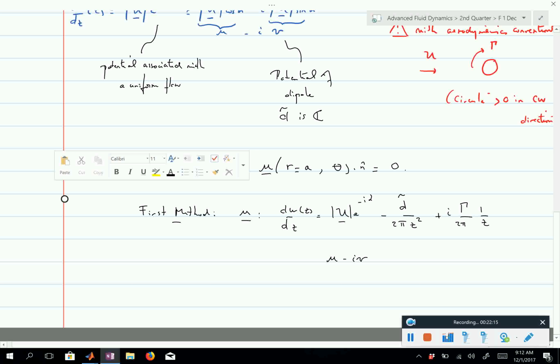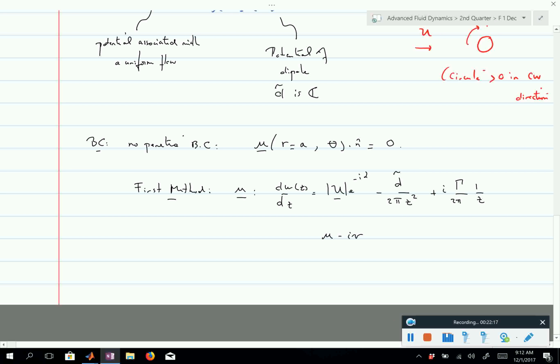Actually I'm not going to do that, but you should definitely do it. It will give you some practice with complex numbers. So my question to you in particular is: how would you write u dot n, where n here is really the unit vector pointing in the radial direction, with complex numbers?